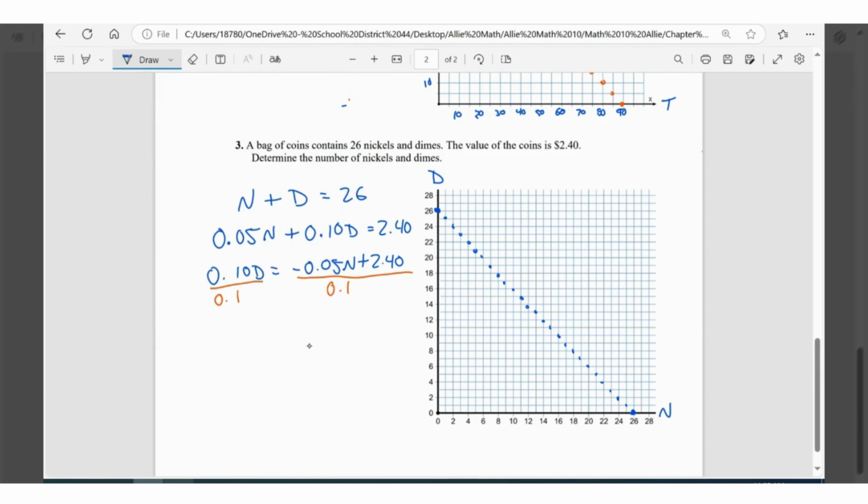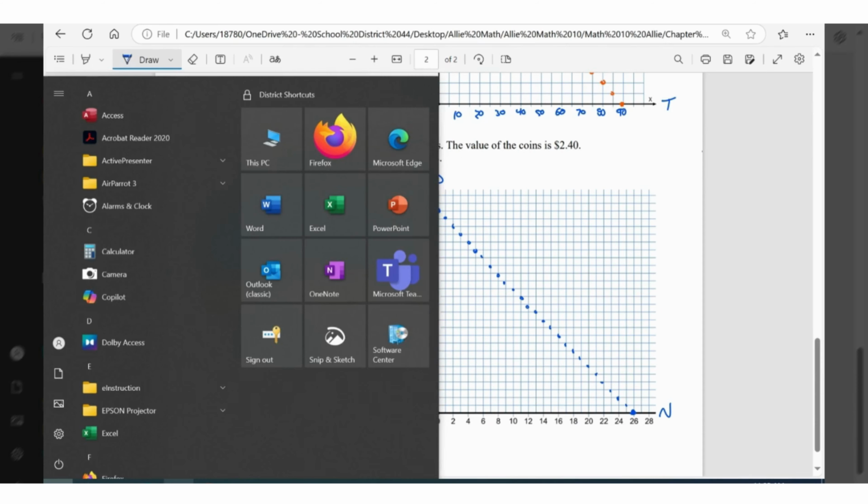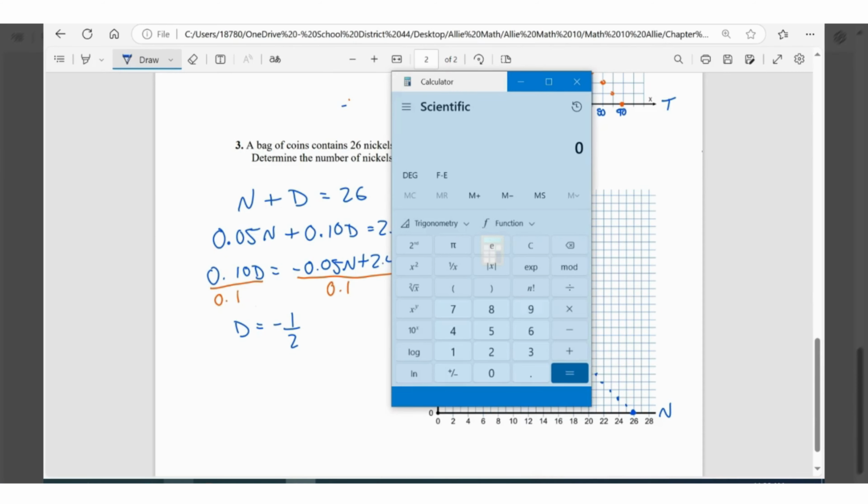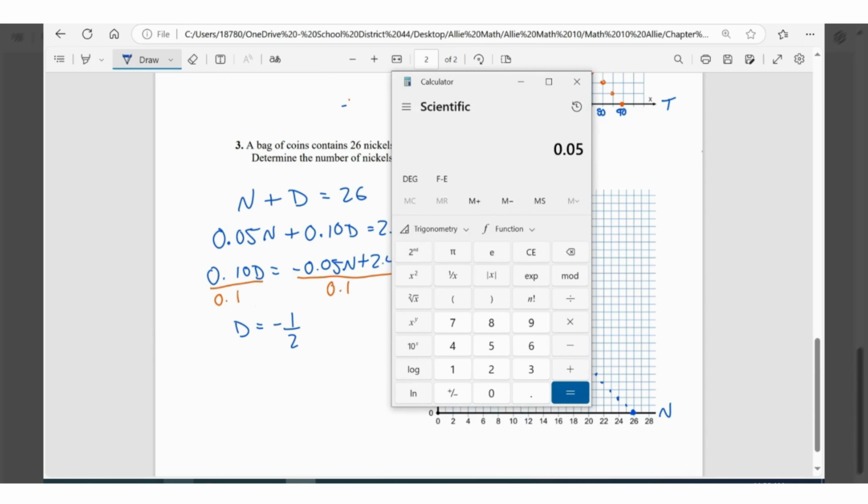And we get that d equals negative, oh, that's going to be negative 1/2. 0.05 divided by 0.1 equals 0.5, and it was a negative, so negative 1/2. I'm going to keep it as a fraction, easier to graph.